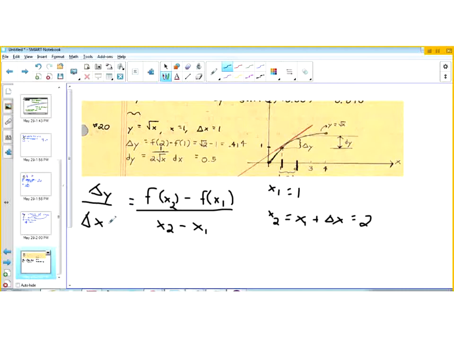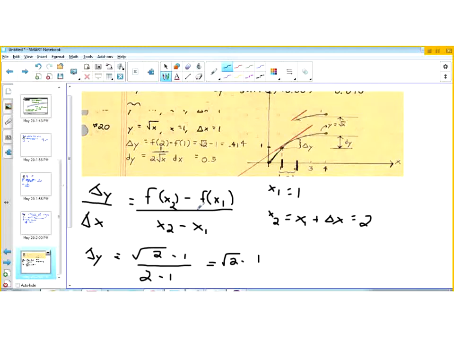Now knowing that, we can calculate delta y. So delta y would equal the square root of 2 minus 1 over 2 minus 1, which is just equal to the square root of 2 minus 1.